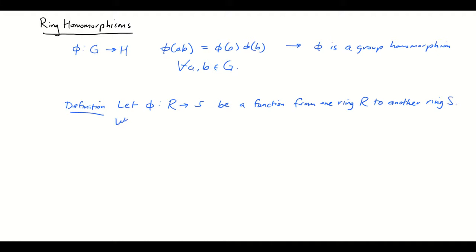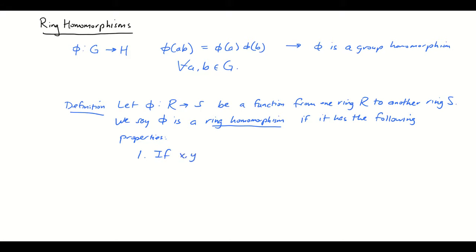All right, so we say phi is a ring homomorphism if it has the following two properties. Number one, if x and y belong to R, then phi of x plus y is equal to phi of x plus phi of y.